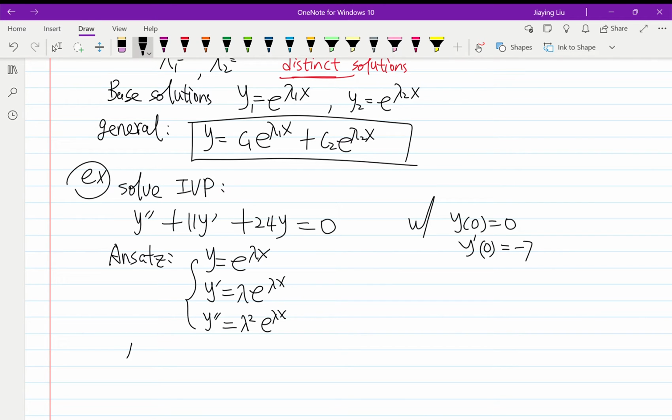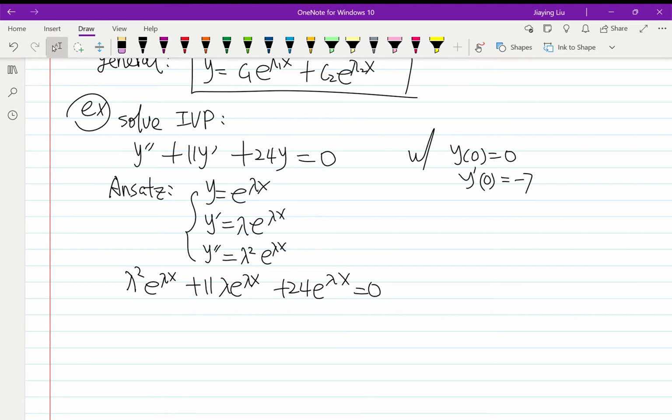So we get lambda squared e to the lambda x plus 11 lambda e to the lambda x plus 24 e to the lambda x equals 0. Factor out the e to the lambda x. So we get e to the lambda x times lambda squared plus 11 lambda plus 24 equals 0.